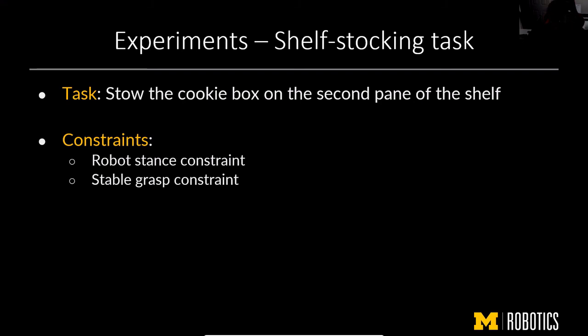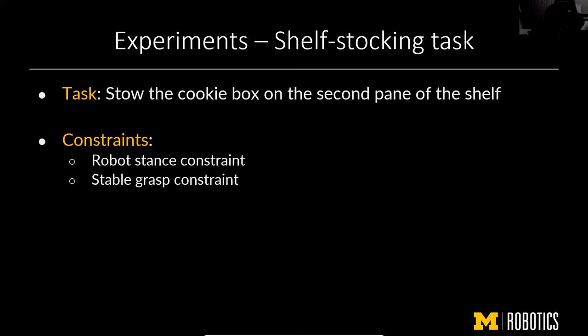The robot stance constraint constrains the robot's stance pose to be such that it can reach the objects to be picked, or it can reach the placement pose of the objects.